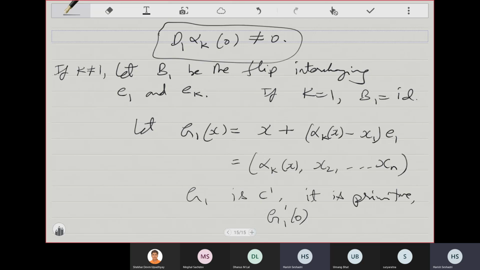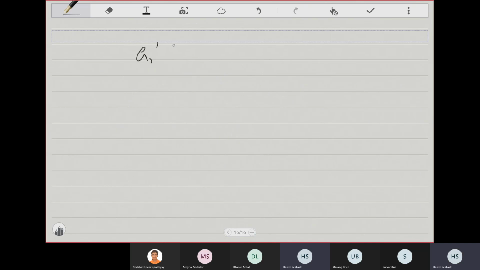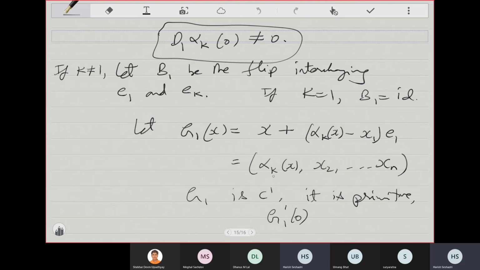What is G1 prime 0? Well, in terms of matrices, sometimes it's easier to just write down the matrix and see. So it is D1 alpha K 0. Now, what will the other entries be here in the first row? Remember that G1 is defined by this formula.